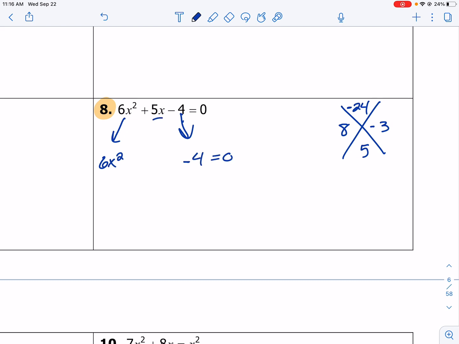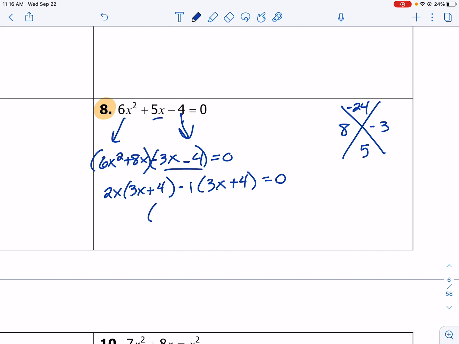Middle terms get replaced with the 8x and the negative 3x. And then we group. We can take out our, not a 3, but a 2x, and we're left with 3x plus 4. Okay, if there's no GCF here, you still need to take something out because you want to get 3x plus 4 again, and you actually want to take out a negative. That way you get positive 3x plus 4, and that can come out as 1.